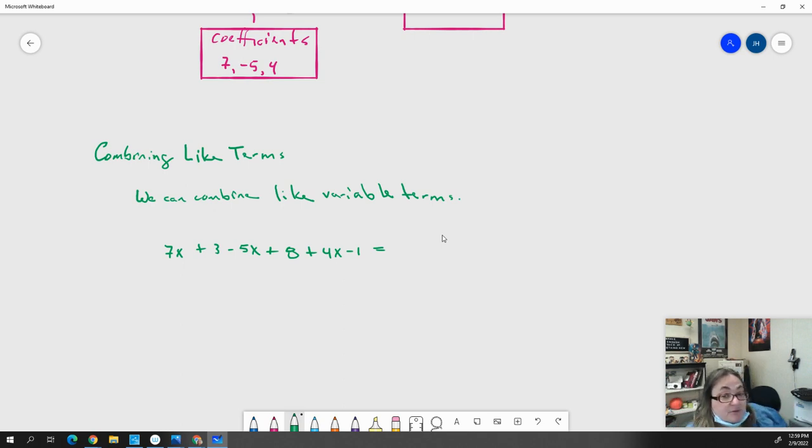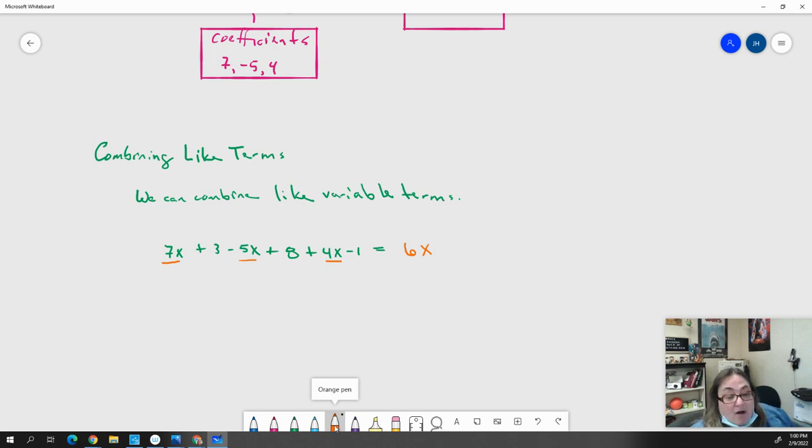They can be added and subtracted from each other. So anything that's just an x, this 7x, this 5x, this 4x, they can be combined together. So 7x minus 5x is 2x. 2x plus 4x is 6x. And so I know that my x values are going to equal 6x.